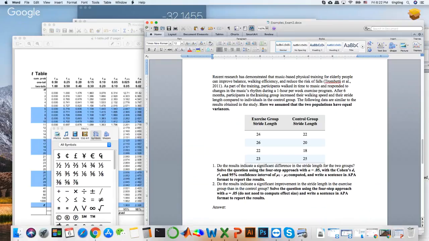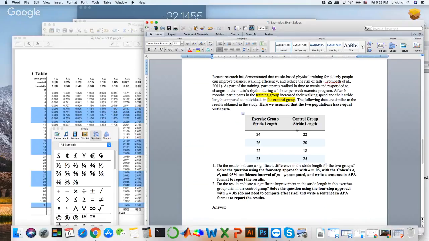Okay, we have the training group, right? And then we have a control group. That means we have two groups. We want to compare their mean. So we have different subjects, because we didn't say we have the same subjects in different groups. So it means we have different subjects in the two groups.